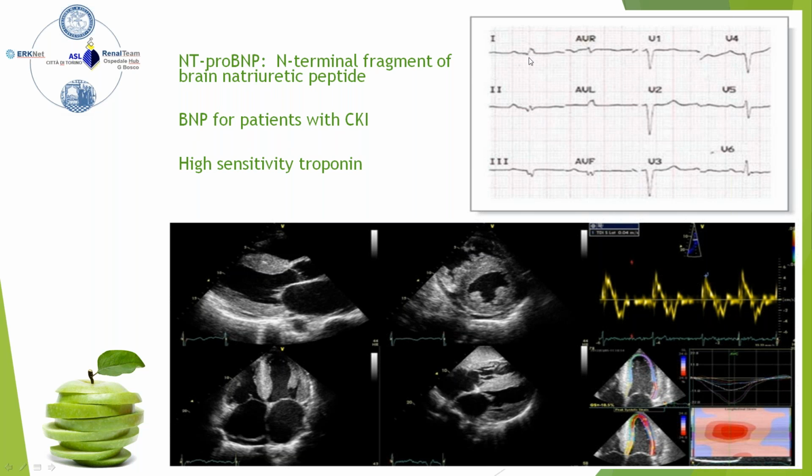Also typical of AL amyloidosis is the presence of low voltage in the peripheral derivations of the EKG. Then the higher elevation of cardiac markers is also associated with a worse prognosis in AL amyloidosis.